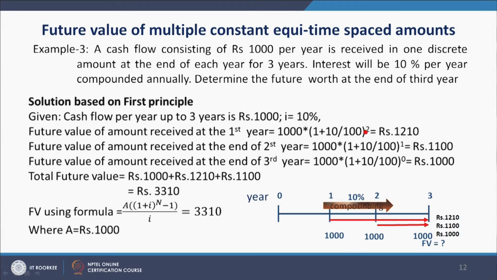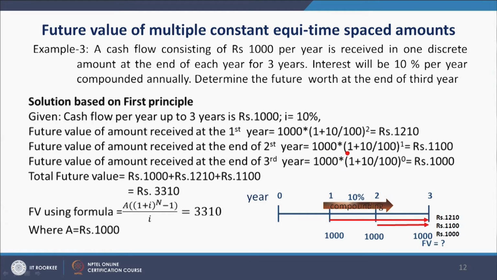This 2 is because it is invested for 2 years, not for 3 years. If I invest here, then it will remain for 3 years, but investment at the end of first year remains for 2 years. So, this is 1210, and what has been invested at the end of second year remains for only 1 year.